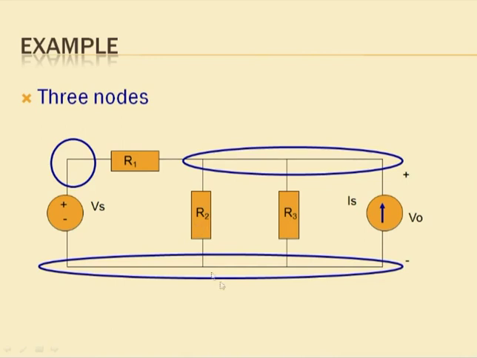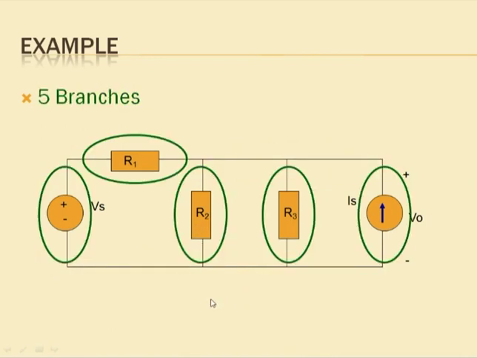Okay, so now we are going to find the branches in a circuit. So branches in a circuit, that means branches is the number of elements in a circuit. Now here you identified that one voltage source, second one that is the current source, third one that is the resistance R1, fourth one that is the resistance R2, and fifth one that is the resistance R3.